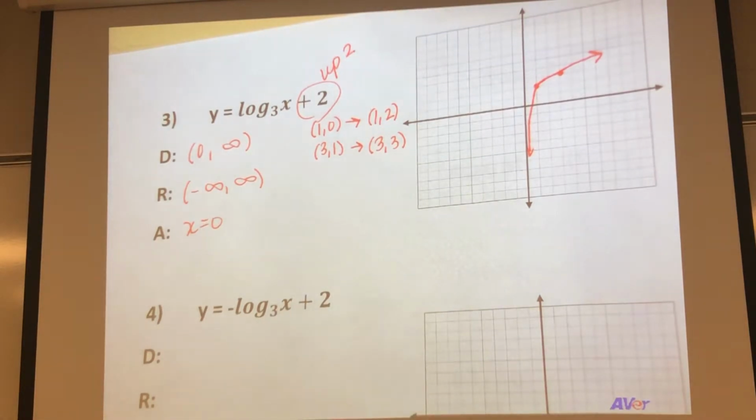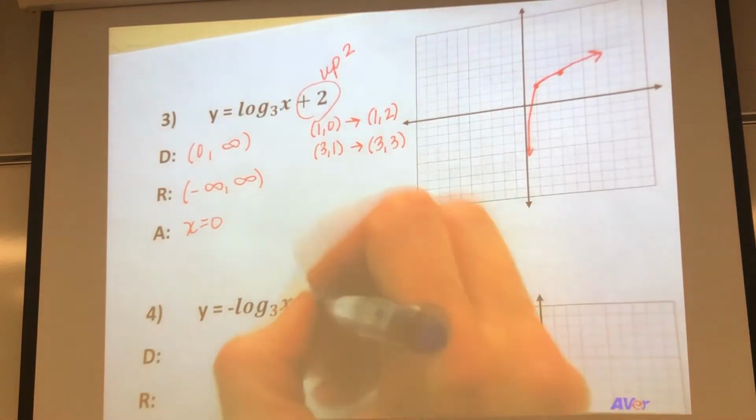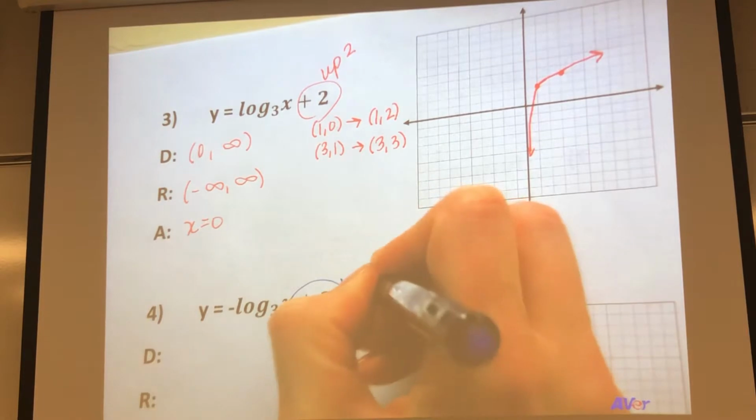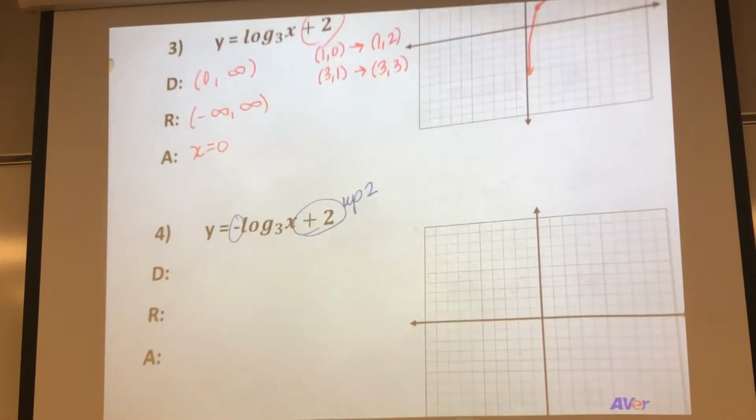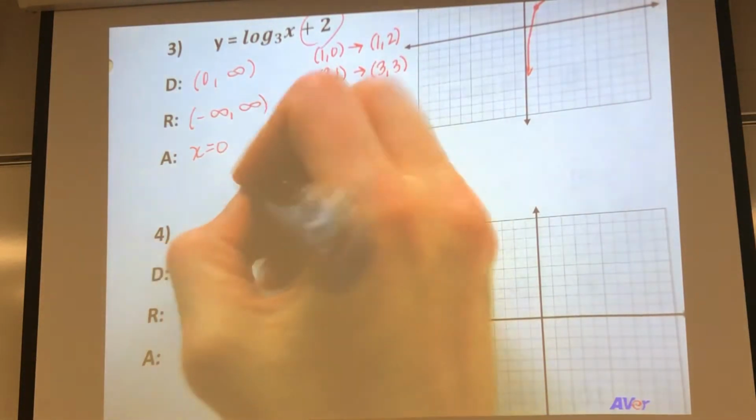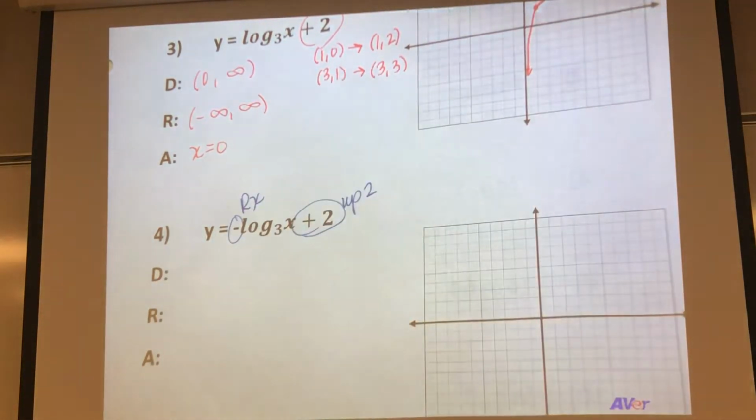Now number 4, we see that plus 2 on the outside again, so we know that we're going up 2, but there's a sneaky negative in front of our log. Remember, when it's on the outside, that reflects us over the x.